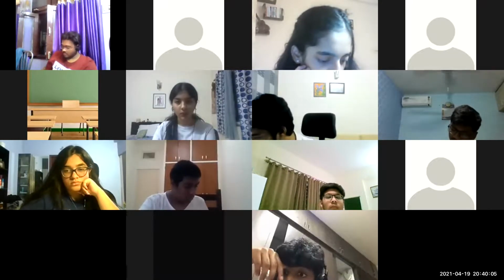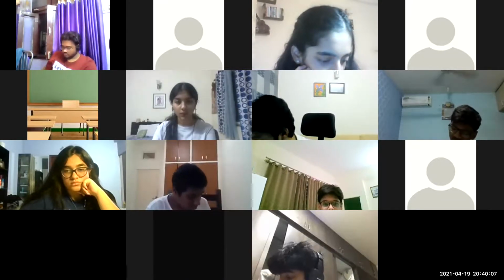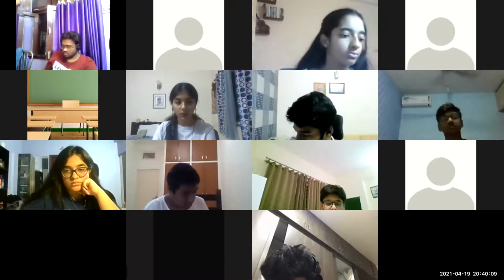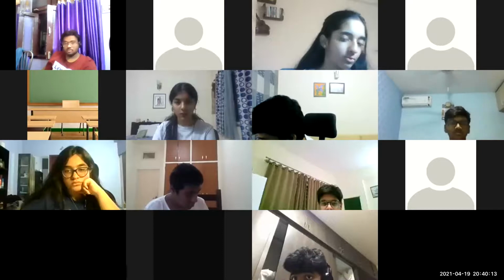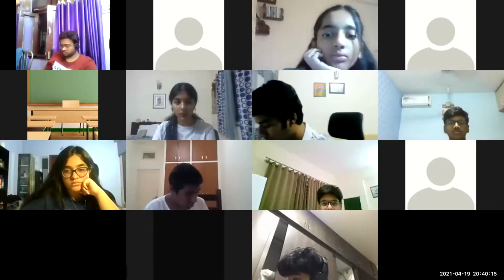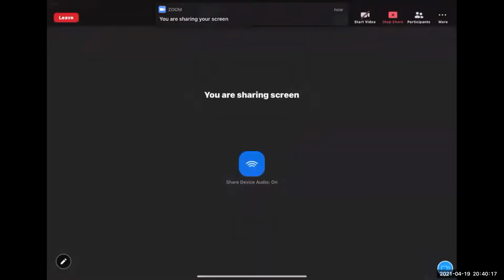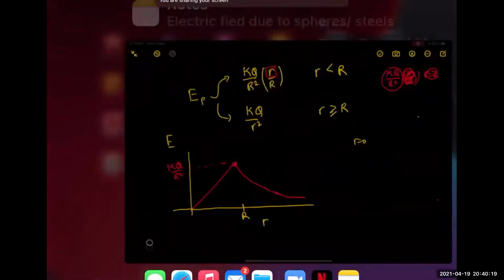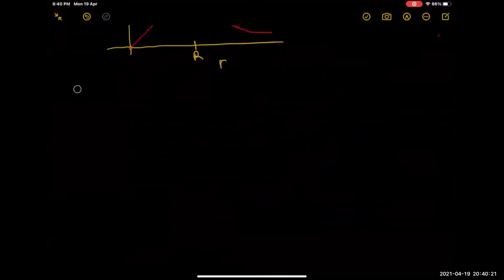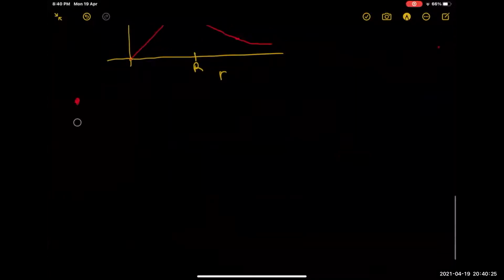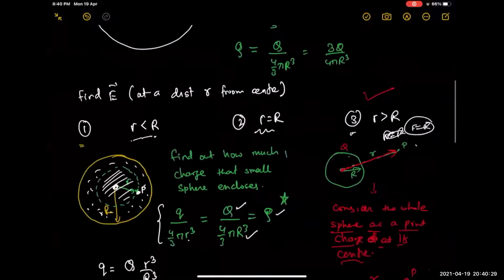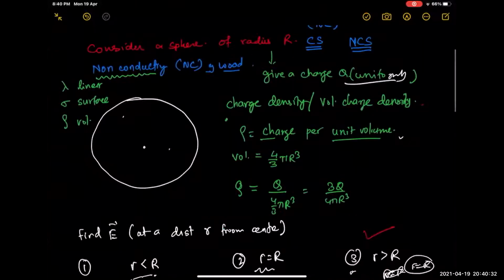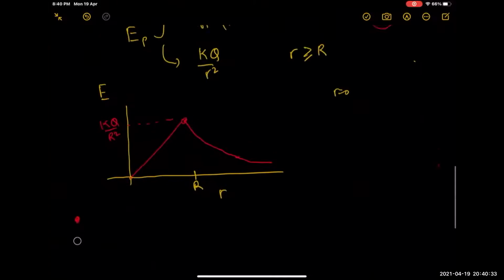Next thing is, see what happens if it is a conducting sphere. This was for a non-conducting sphere, right? If it is a conducting sphere, it becomes very easy.